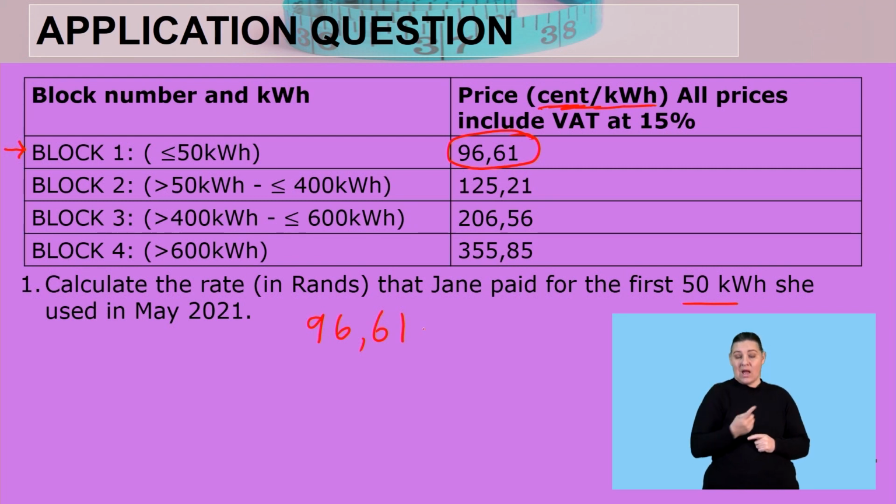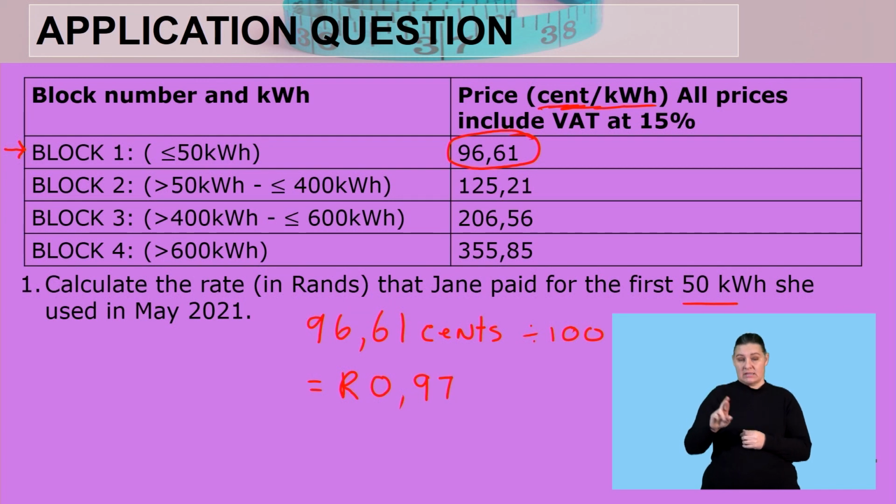So that is technically in cents. Very important, we saw that. So calculate the rate that Jane paid for the first 50 kilowatt hours she used, 96,61 cents. We must divide that by 100, and then we get 0,97 rands.